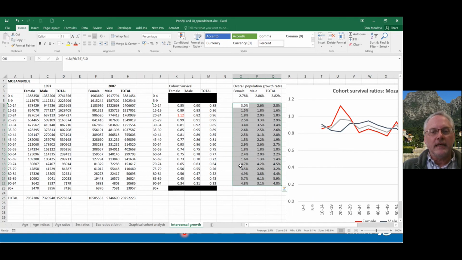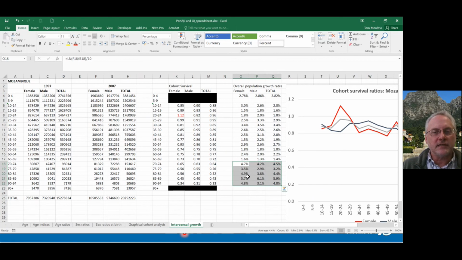We can see here that particularly at the older ages, from ages 17 onwards, the growth rates between the 1997 and the 2007 census are running at somewhere between 3.5% and 4% typically per annum.